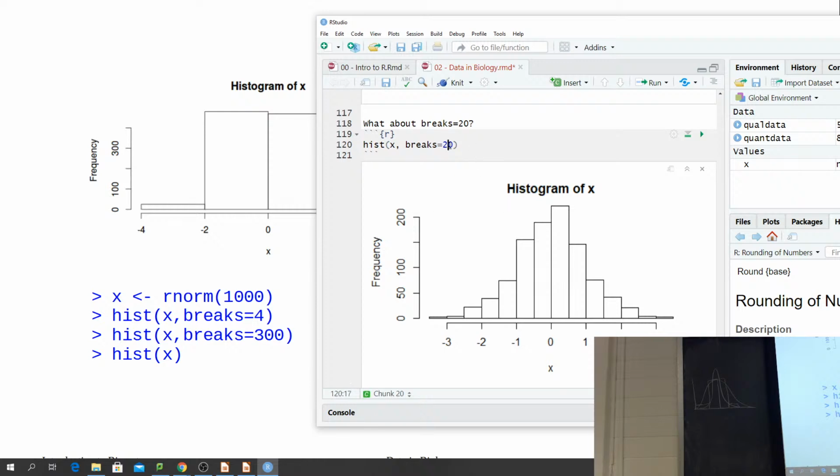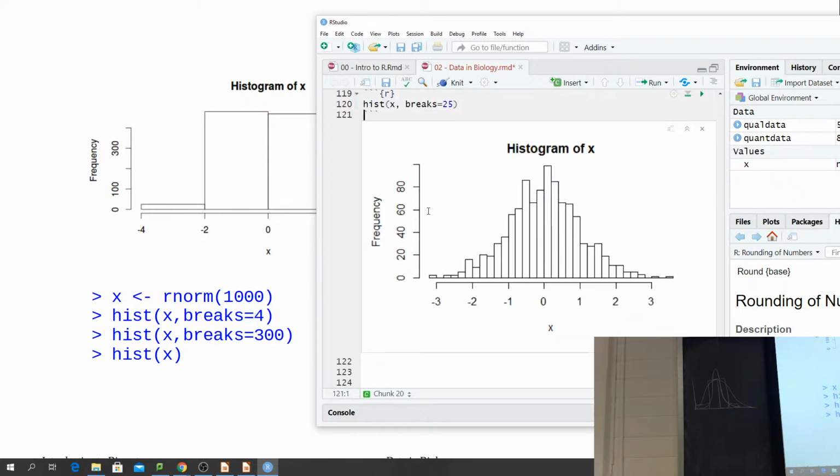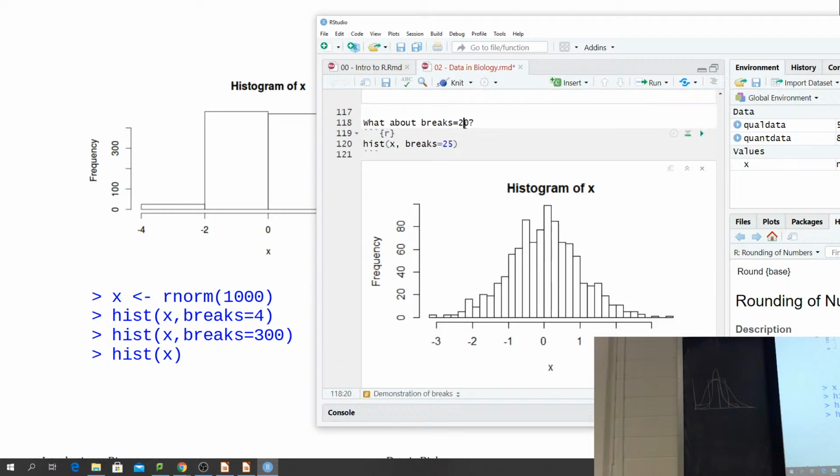It looks like the default. Let's bump that up to 25. See, that changes. That's a little bit better. A little bit more detail in our data set. We can see some of the peaks and the valleys, but it still kind of looks like a bell curve. And it should be. We drew it from a normal distribution.